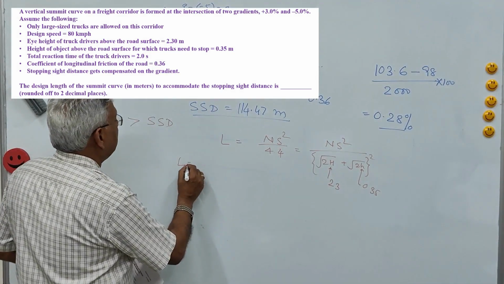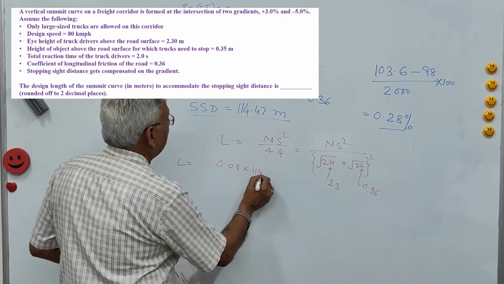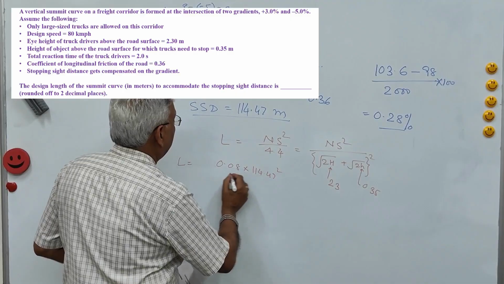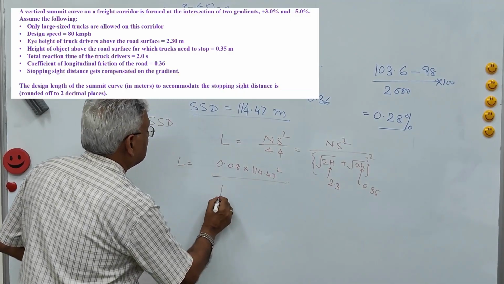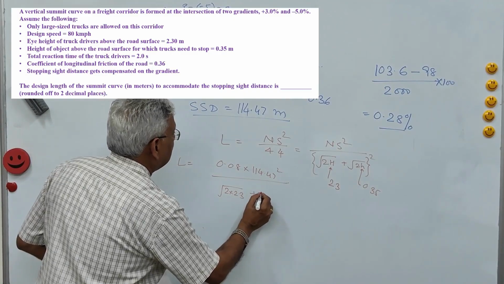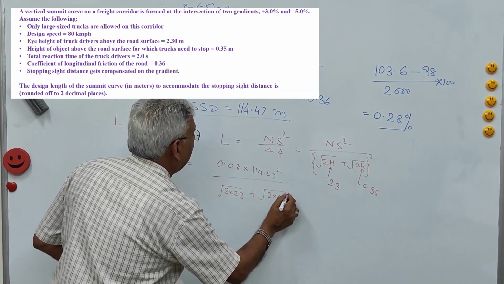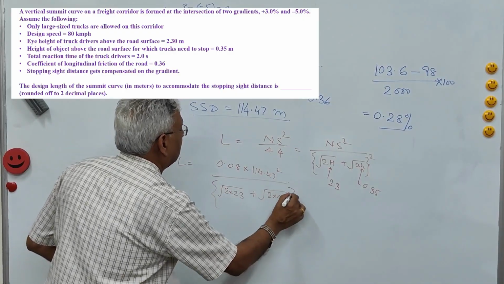Now L will be N 0.08 multiplied by 114.47 square divided by square root of 2 into 2.3 plus square root of 2 into 0.35, and whole square.